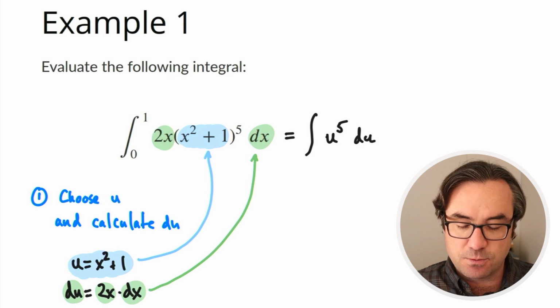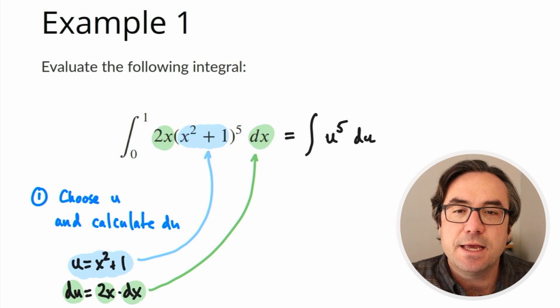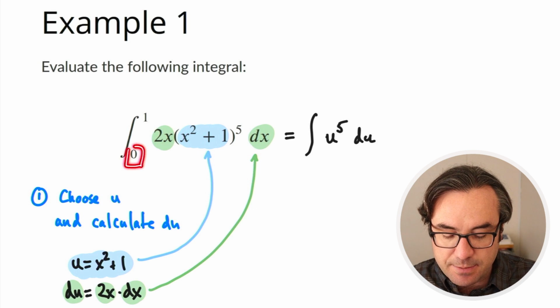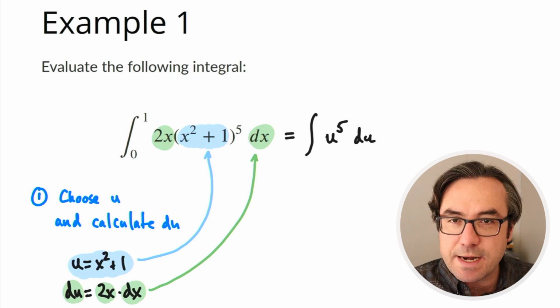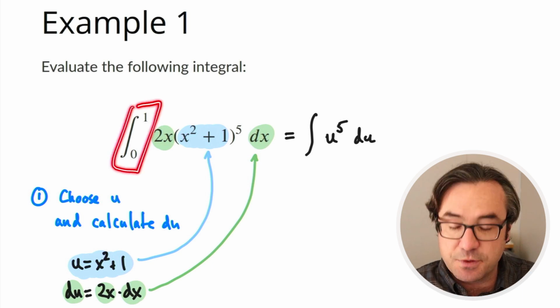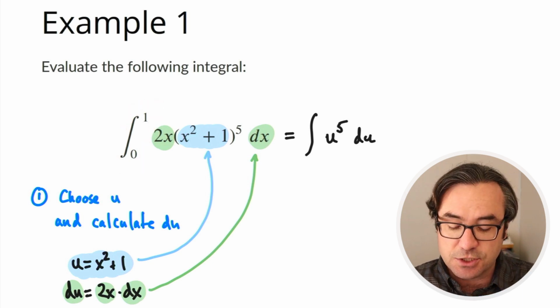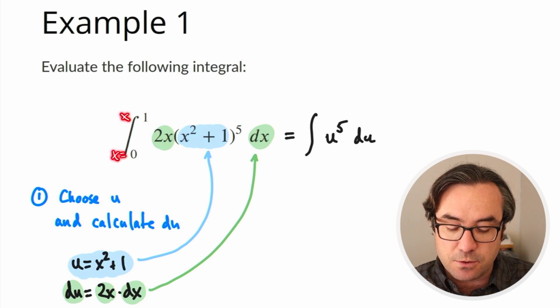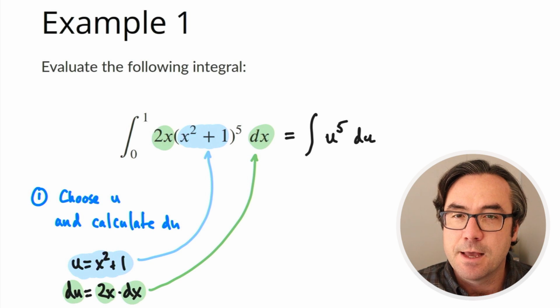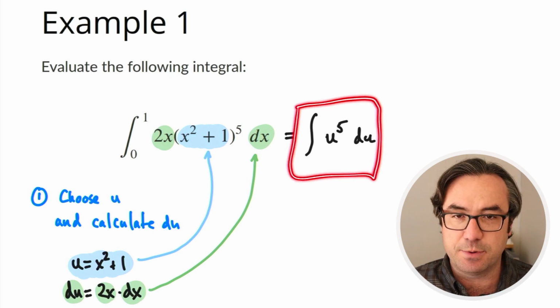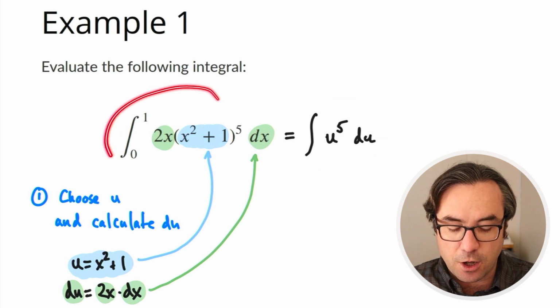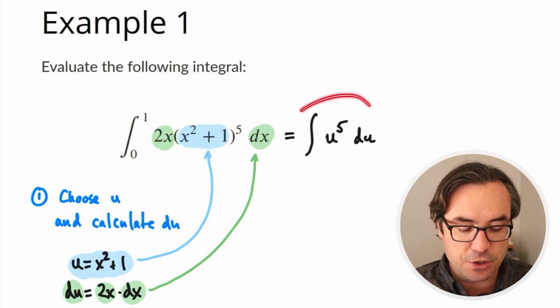Now, what's going to be new here is what we're going to do about these limits of integration. As they're originally written, these are in terms of x, so x is going from 0 up to 1. The idea with a substitution is we're doing a change of variables, so we want to go from all x terms here to all u terms.